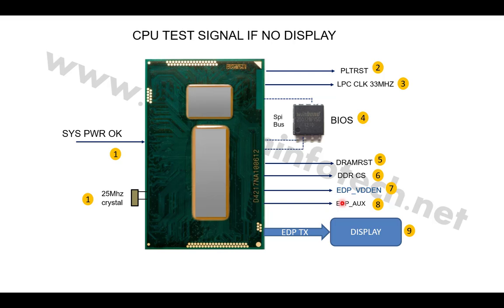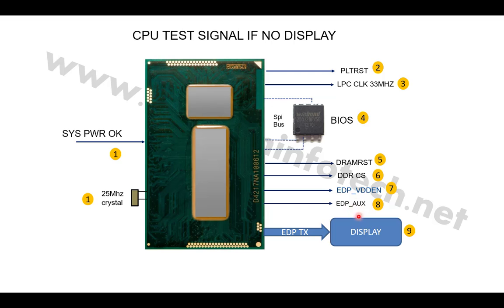After testing all the signals, like the CPU checks all this communication, and we check all the power on self test and all the devices, then at the final stage the CPU generates this EDP VDD enable signal. Then there is one communication protocol called the EDP AUX signal.